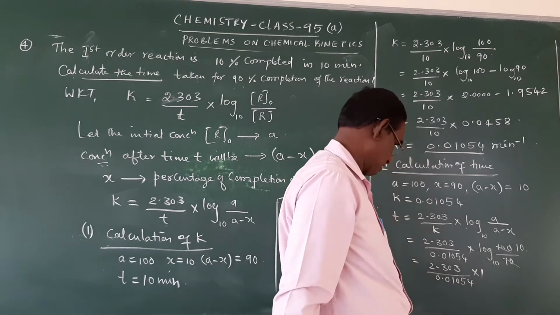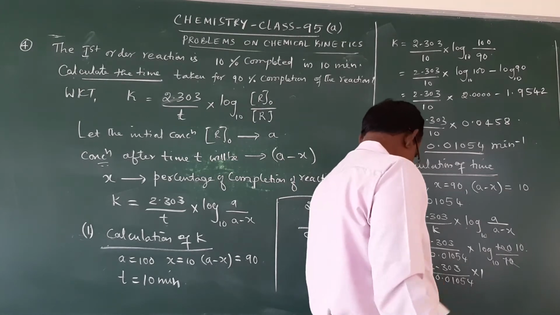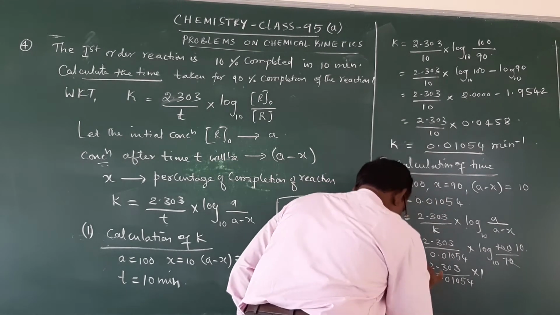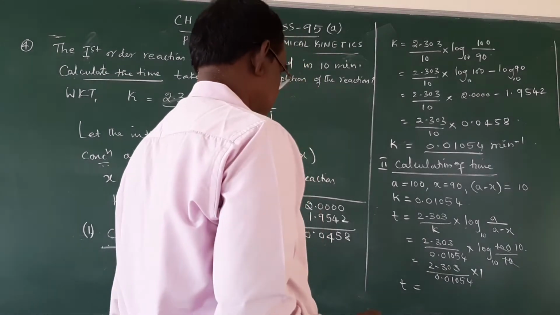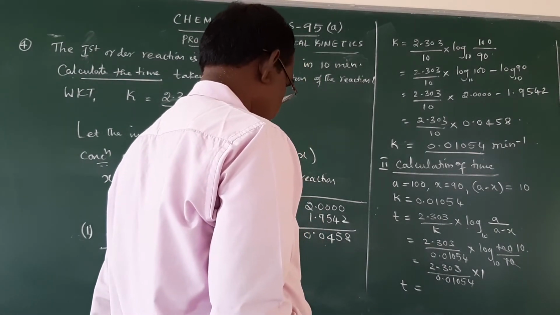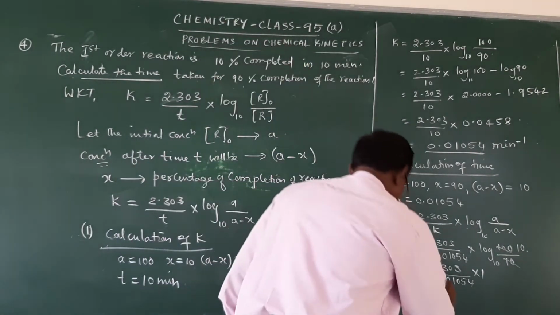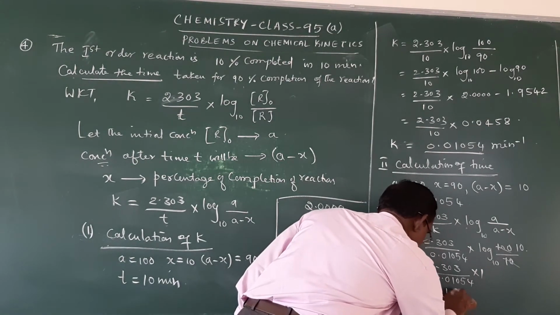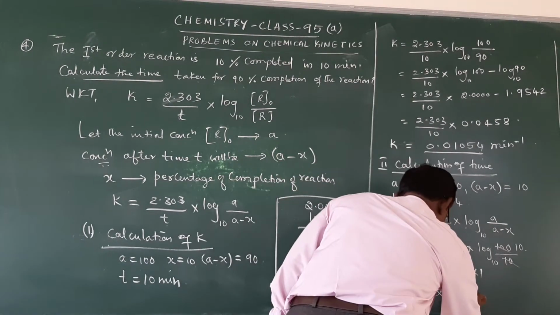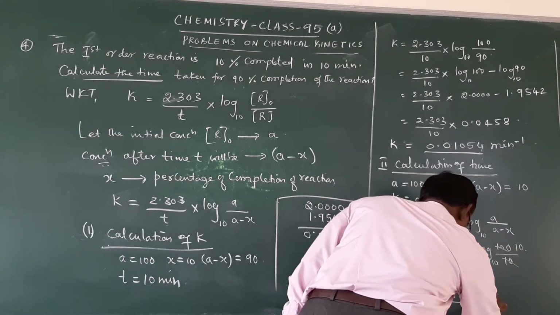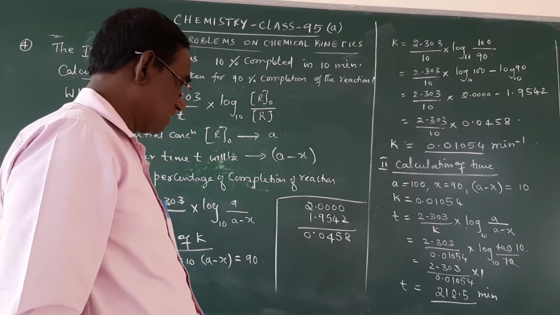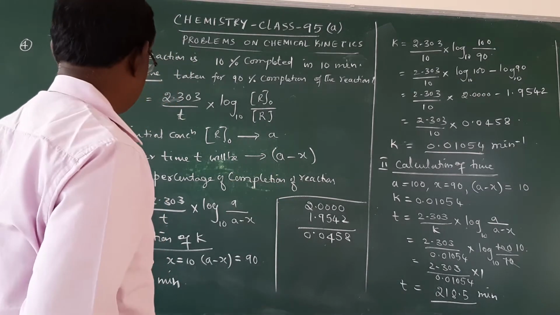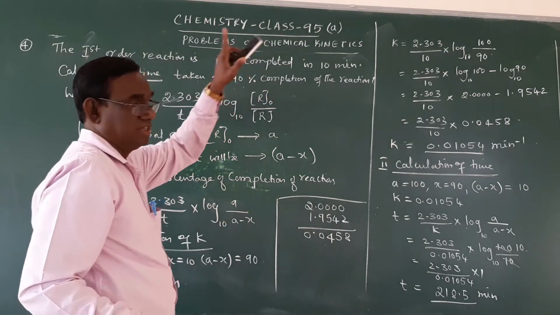After solving this, 2.303 divided by 0.01054, you will be getting 218.5 minutes. What is the answer you are going to get? Time 218.5 minutes is required for the completion of 90% of the reaction.